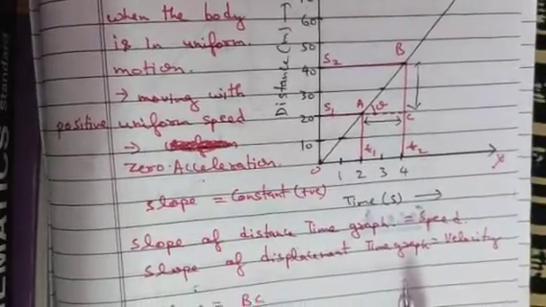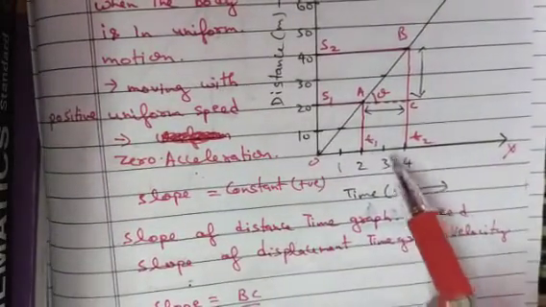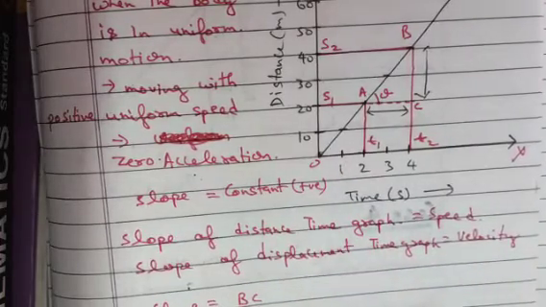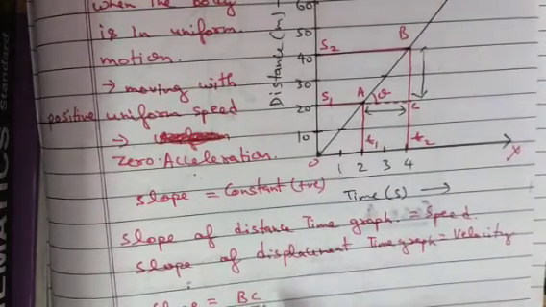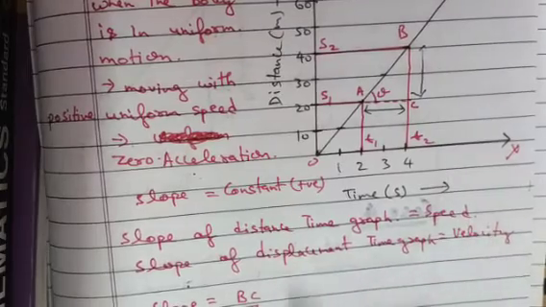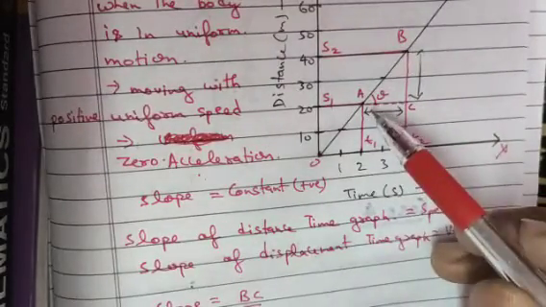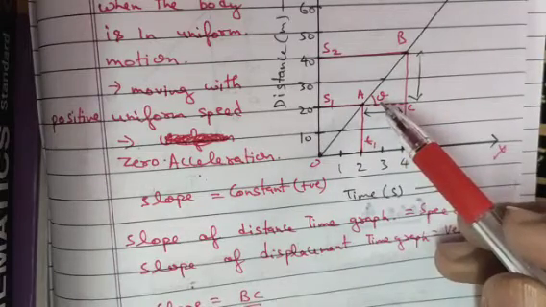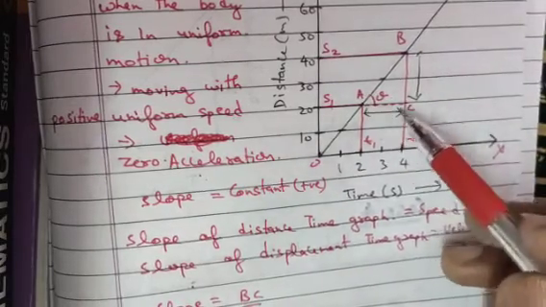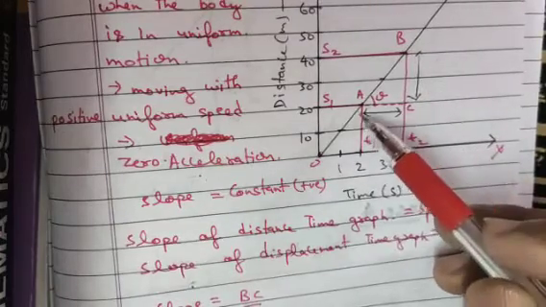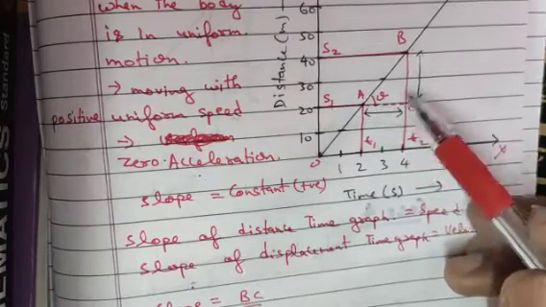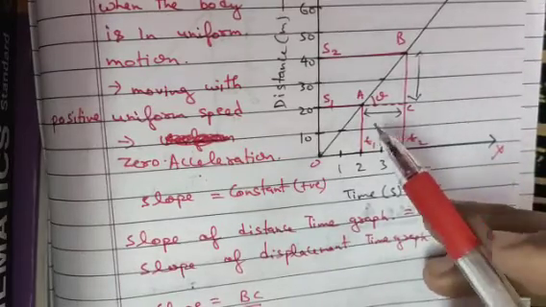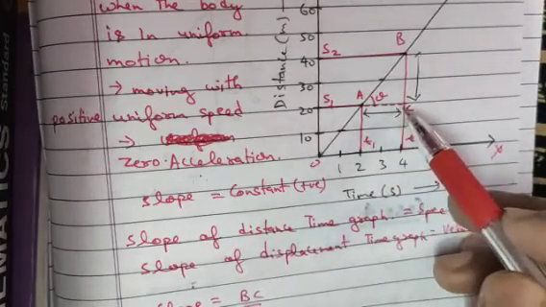Now, let us look at what the slope of this distance time graph indicates. The slope of a distance time graph is equal to the speed. The slope is tan theta, which you will study in trigonometry. In triangle ABC, tan theta will be equal to the perpendicular BC upon the base AC.